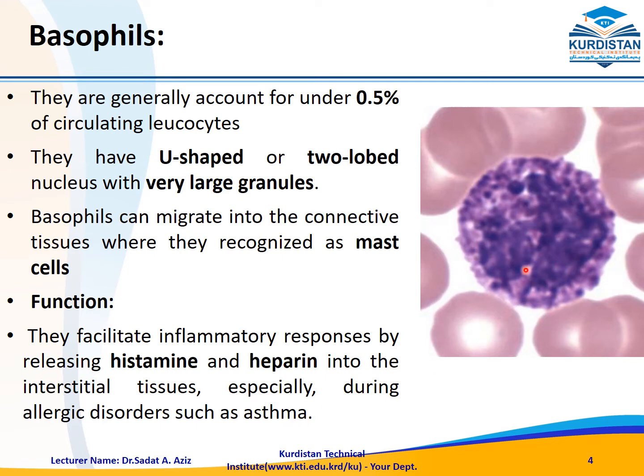In some allergic reactions such as asthma, the number of the basophils is normally increasing in the circulatory system, and when there is an increase in the number of basophils, you might directly expect an allergic reaction.